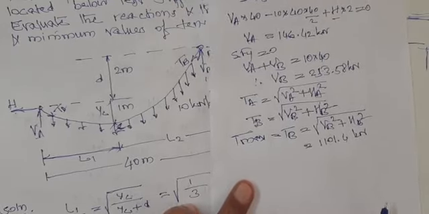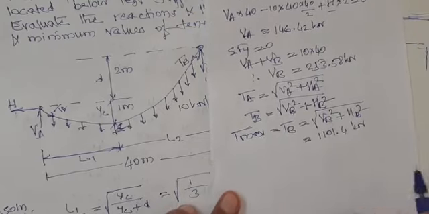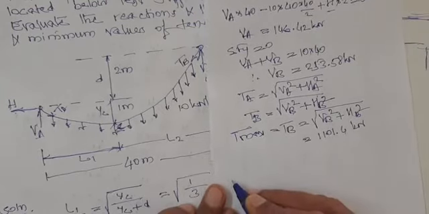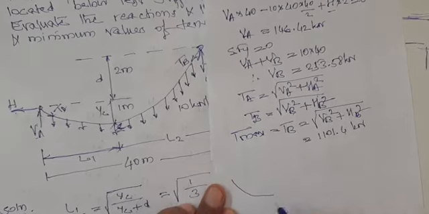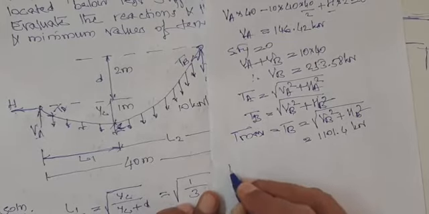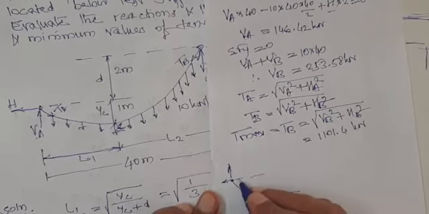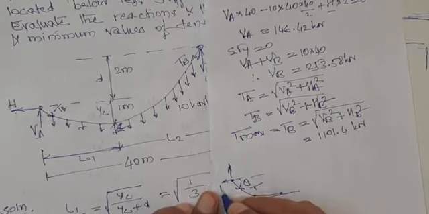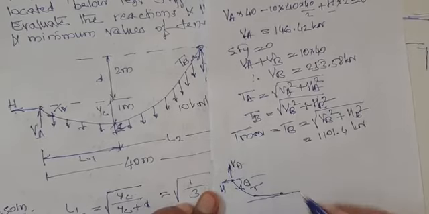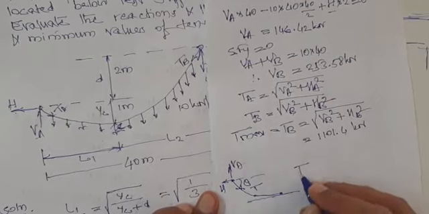Now what is the minimum tension? Minimum tension means, suppose you take this as the lowest point, where the slope line becomes horizontal. Here is VA, this is H, and if this is theta, and this is T, then writing sigma Fx equals 0, what do you get?